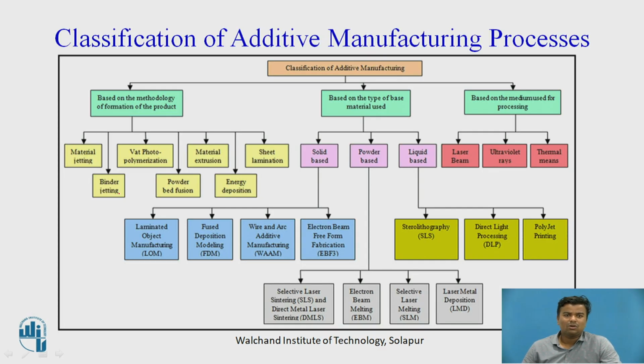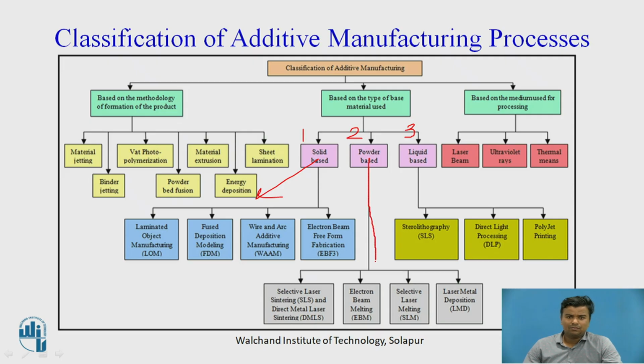Now this is a classification tree structure of the additive manufacturing processes, classified by the form of the material. There are mainly three forms of material: the first is solid, the second is powder, and the third is liquid. In solid, there are processes like laminated object manufacturing, fused deposition modeling, wire and arc additive manufacturing, electron beam melting.